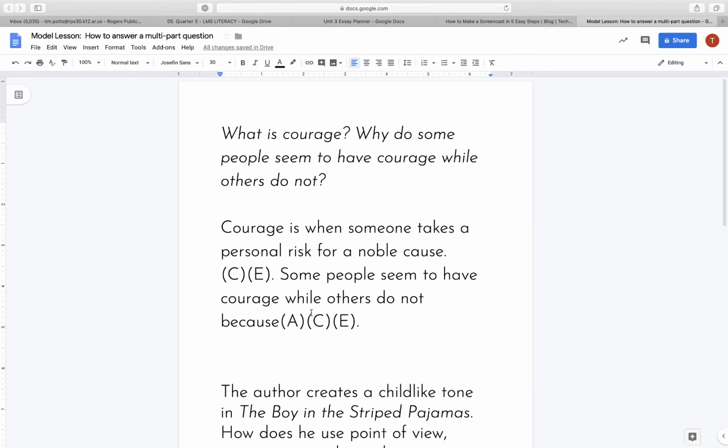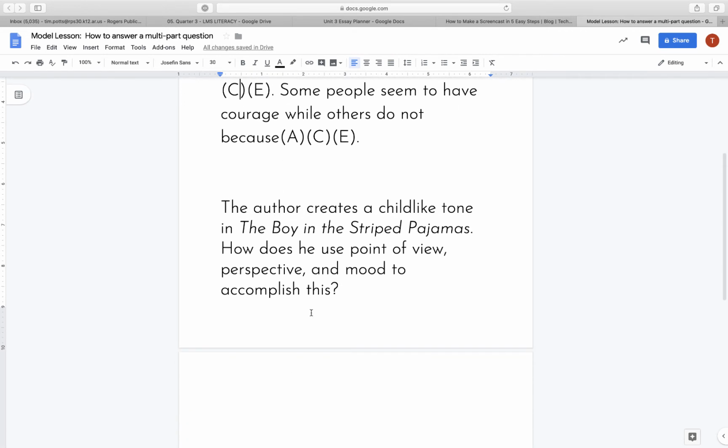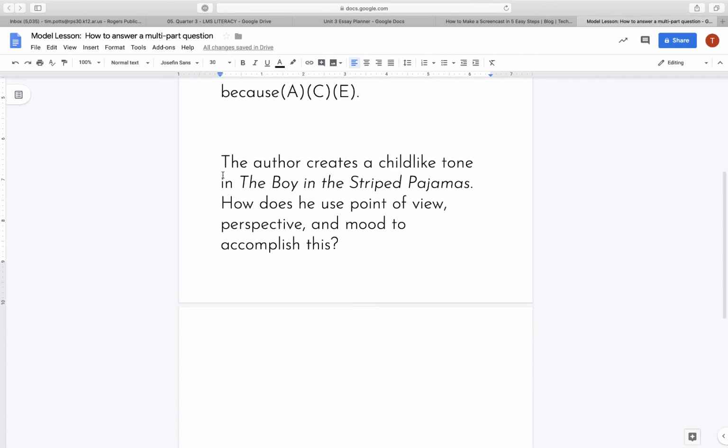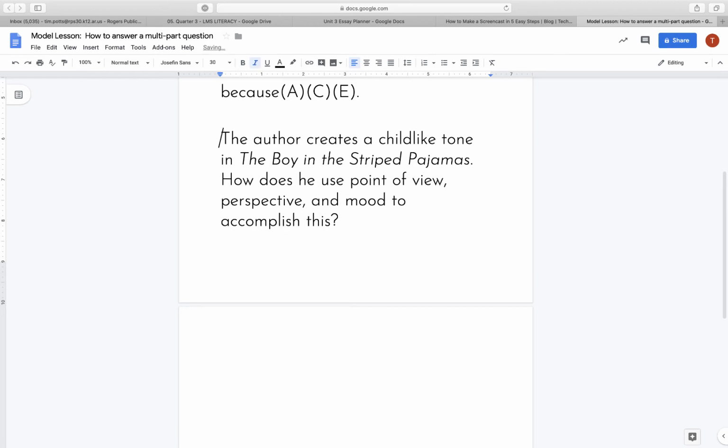Now pay particular attention to this one. This is a question that we're actually going to go through and do in class. It's set up exactly like the question you're going to be answering for your common formative assessment next week, which will be your first big grade of the third 9 weeks, right before parent-teacher conferences.